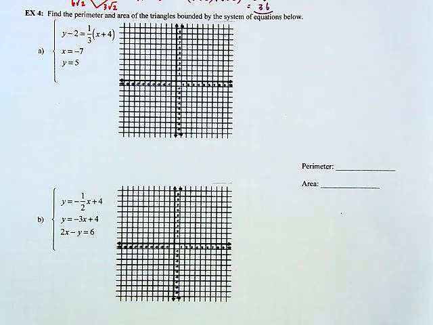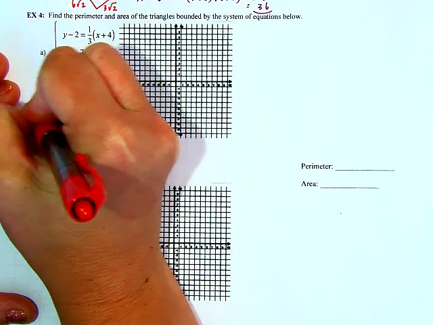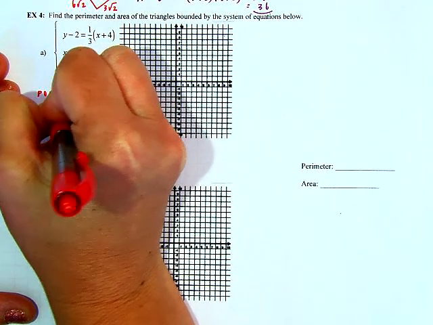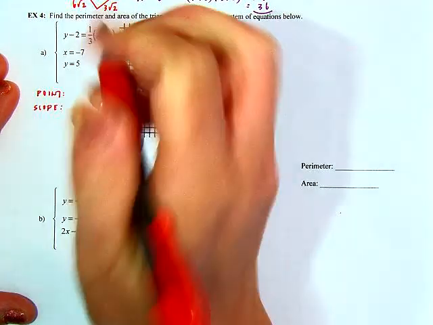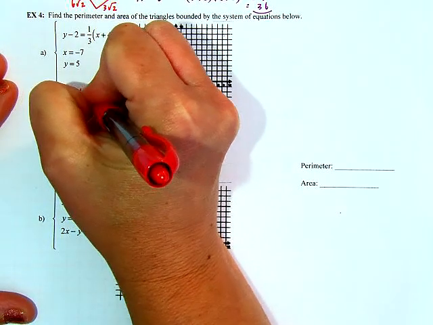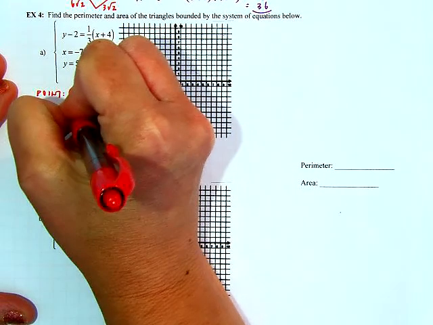I need to recognize that that is in point-slope form, so I need to know what my point and my slope are. My point would be -4, 2, and my slope would be 1/3.